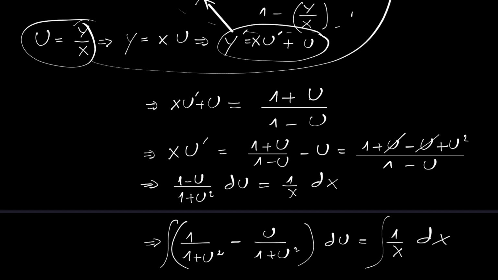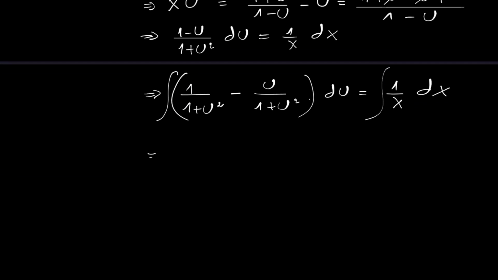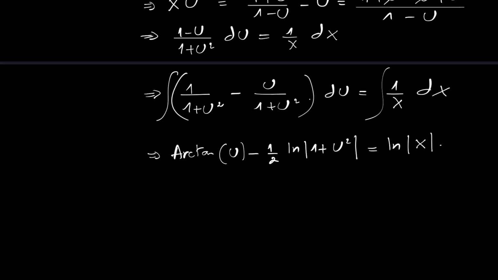Now we integrate to obtain the arctangent of u minus 1 over 2 the logarithm of 1 plus u squared equals the logarithm of X plus c. Now we have to return to our variables small x and small y.